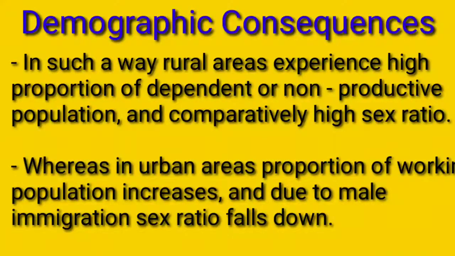In such a way, rural areas experience a high proportion of dependent or non-productive population and comparatively high sex ratio, whereas in urban areas the proportion of working population increases and due to male emigration the sex ratio falls.